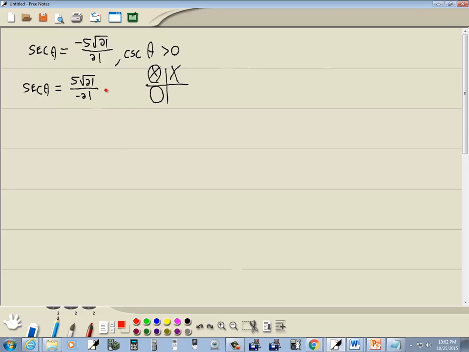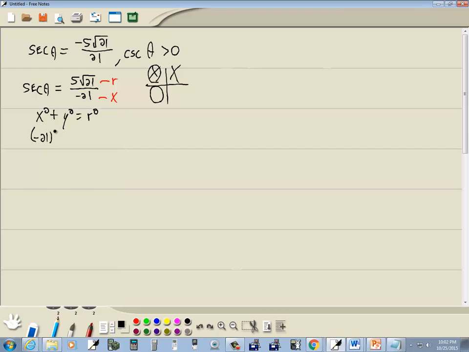Okay, so secant we said was r over x, and that makes sense. Since we're in quadrant 2, x has to be negative. And we need y, so we got x squared plus y squared is equal to r squared.